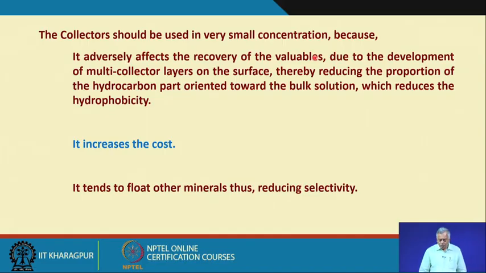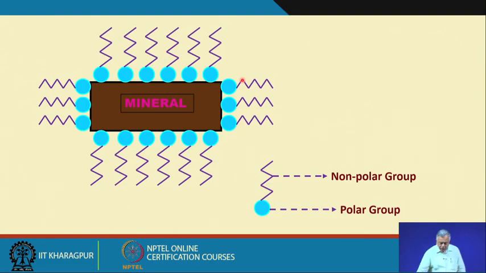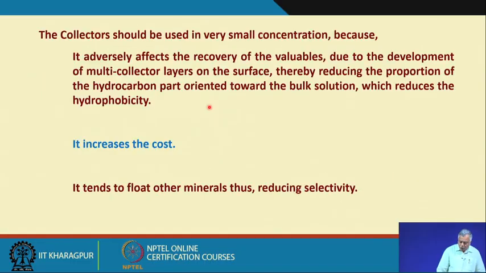Why? Because of the development of multi-collector layers on the surface, which is quite evident from the previous picture. If I have more collector, we will have multiple layers of these chemicals on the surfaces of this material, which is not required, and therefore it will reduce the proportion of the hydrocarbon part oriented toward the bulk solution, which reduces the hydrophobicity.